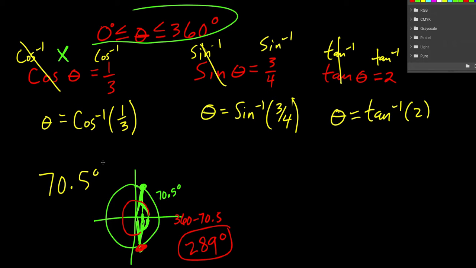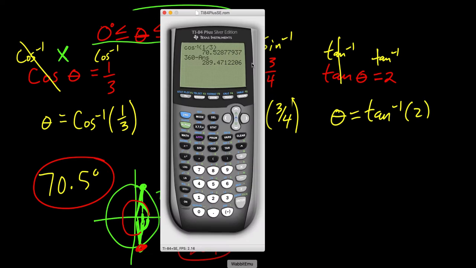Okay, so the 2 answers to make this true, and you can test this in a calculator, you can check your answer. If you do cosine of this or cosine of this, you'll get 1/3 or 0.33333 for both of those answers. Okay, we're going to do a similar thing with the sine.